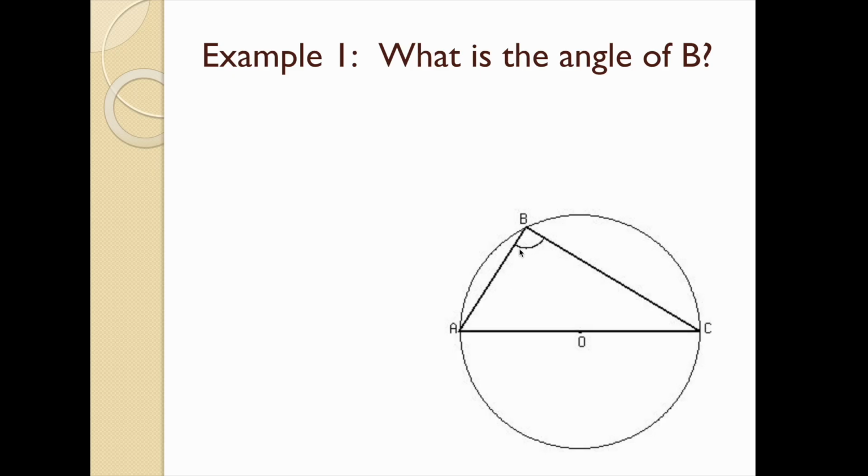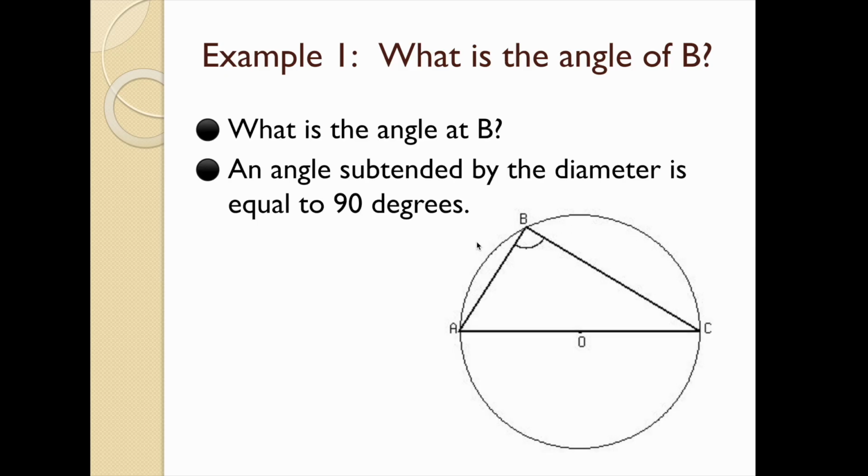This angle enclosed by the diameter is 90 degrees because, and this is where my reason becomes important, an angle subtended by a diameter is 90 degrees. And we know that the angle itself must be touching the edge, or the circumference, of the circle. All right, does that make sense? Let's look at the next one now.